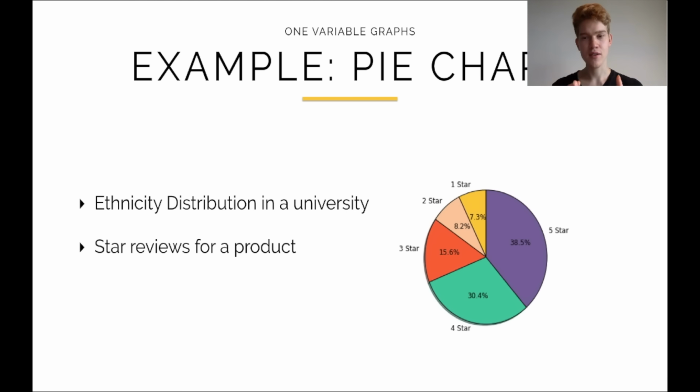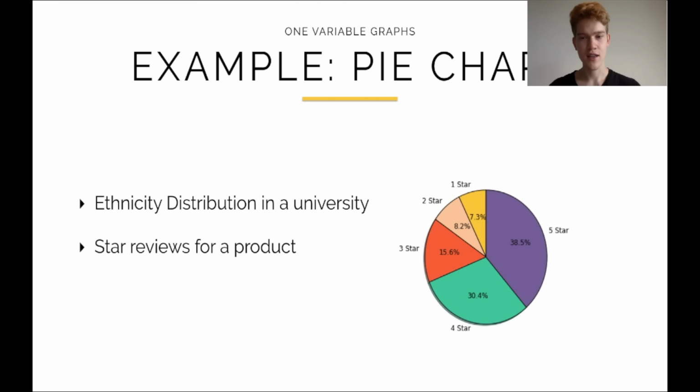But you can also see, just by how many slices there are, how many different ethnicity groups there are. Another example would be you can split up star reviews for a product. Rather than looking at the average star review, you can use a pie chart, and you can see how many of my reviews are 5 stars, how many of them were 4 stars, 3, 2, and 1.